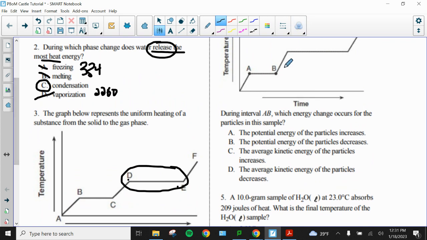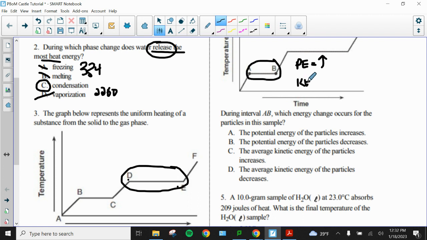This one says during interval AB, which is this guy, bottom flat. This is melting. When I'm at any of the flats, that goes for both of these. My potential energy is changing. In this case, because they're heating curves, the potential energy is increasing on a flat.